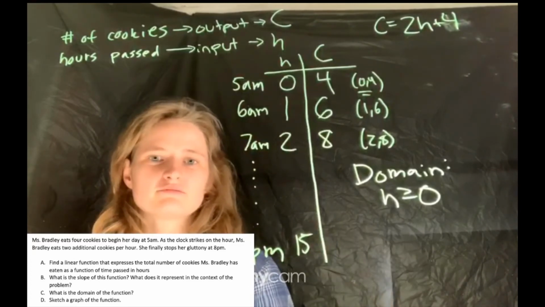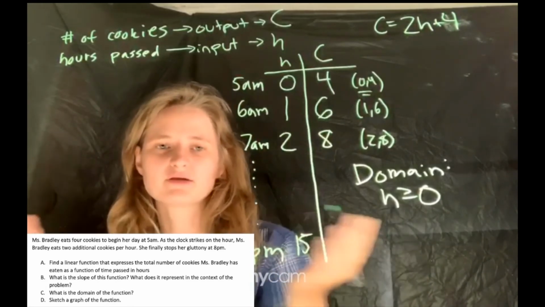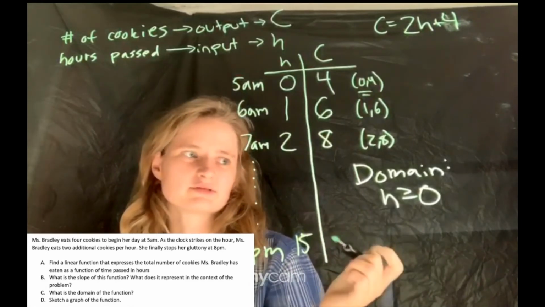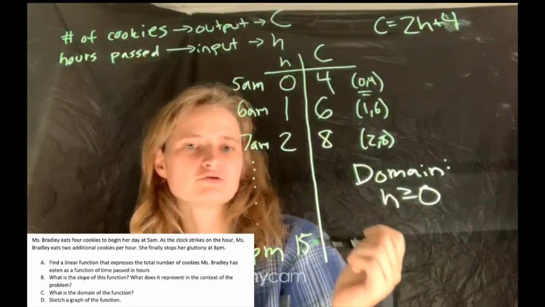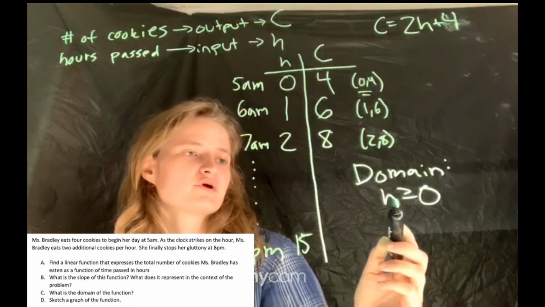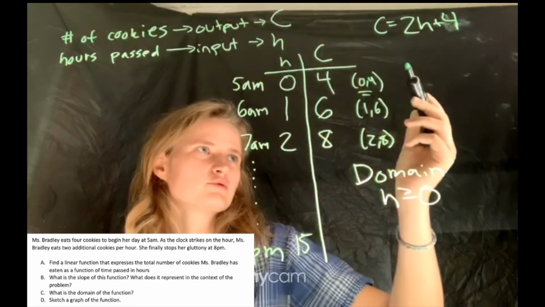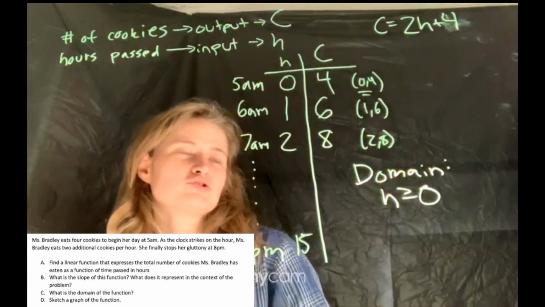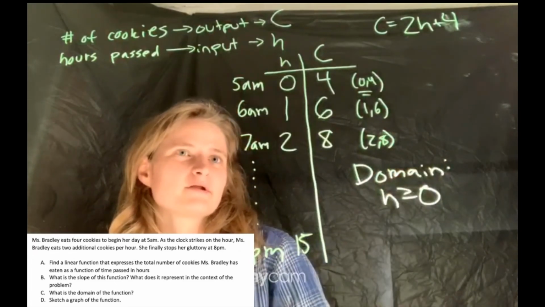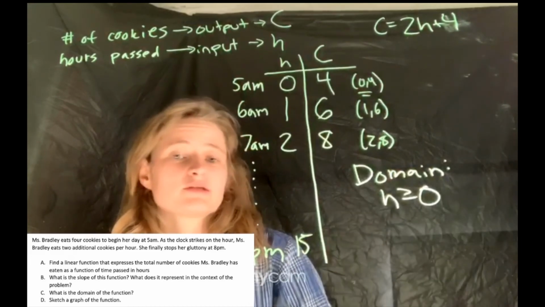And also, the problem doesn't start till 5 a.m. So if we're looking at 4 a.m., I'm still asleep, I'm not eating cookies. It just doesn't create a value that makes any sense in the context of our problem. So if you plugged in -1 here, you would get c equal to 2, meaning I'd eaten 2 cookies, but that's not what happened. I ate 4 cookies at 5 a.m. So that's one thing we know for sure.